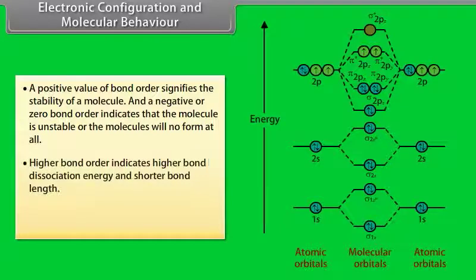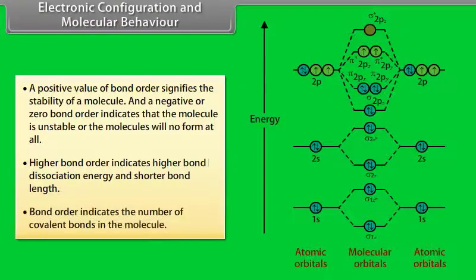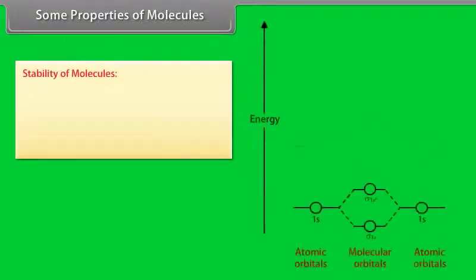Higher bond order indicates higher bond dissociation energy and shorter bond length. Bond order indicates the number of covalent bonds in the molecule. Some properties of molecules. Stability of molecule.